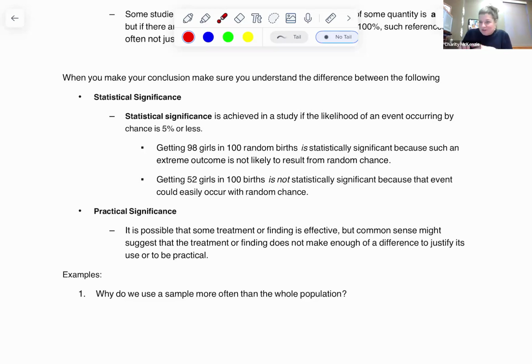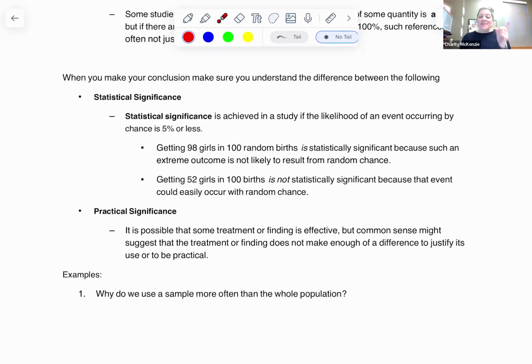by chance is 5% or less. Okay. So here's my example to help you wrap your brain around statistical significance. If I'm getting 98 girls out of 100 births, that is statistically significant because such an extreme outcome isn't very likely by chance.